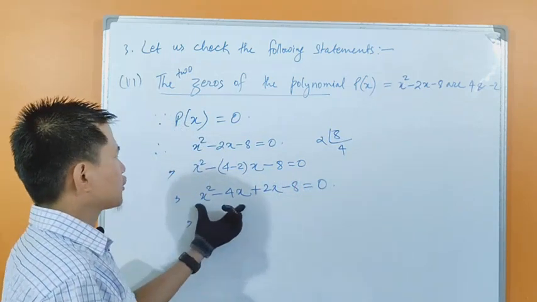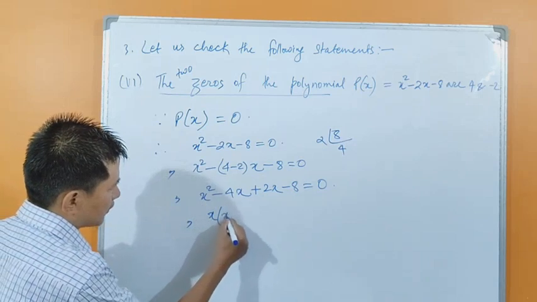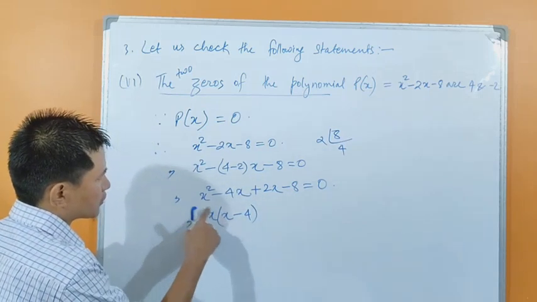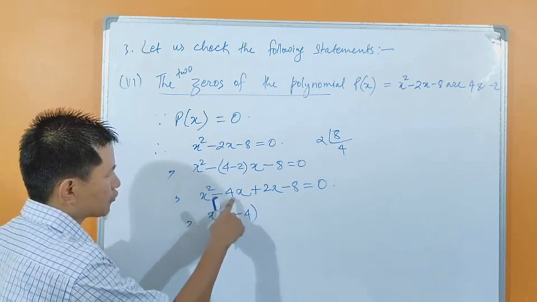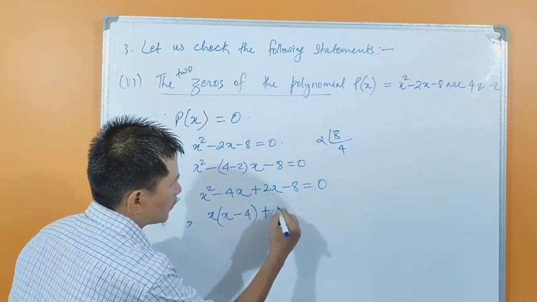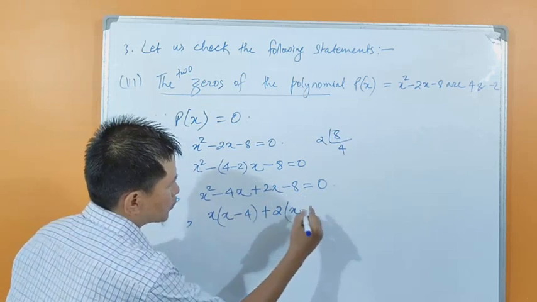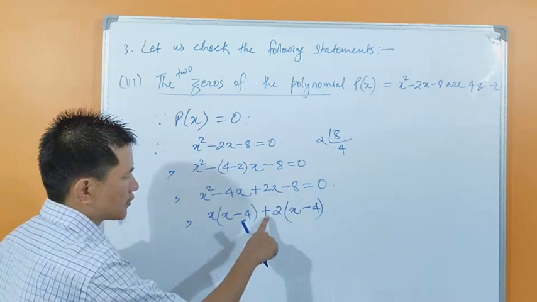Let us take x common from here. X. So within the bracket remains x minus 4. X into x is x square, plus into minus is minus, x into 4 is 4x. Plus, we take 2 common from this. 2 into x is 2x, plus into minus is minus, 2 4s are 8. Got this?